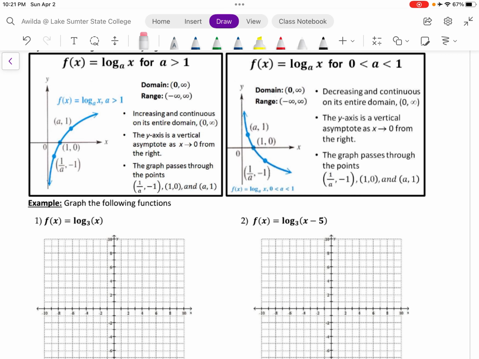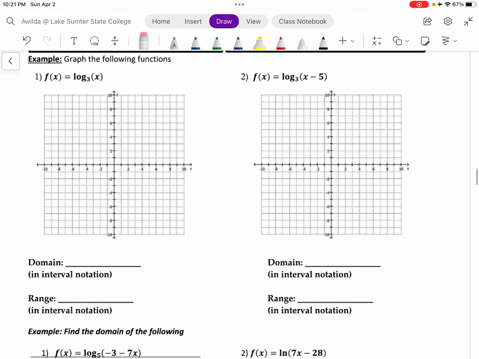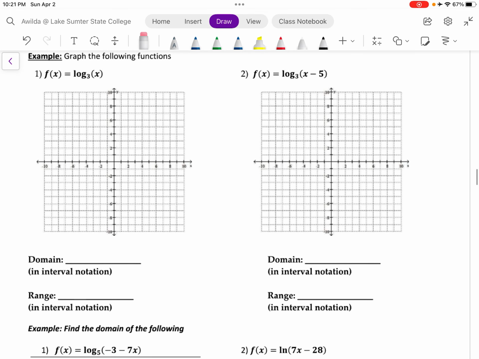All right, let's take a look at our first logarithmic function. So we have f of x is equal to logarithm base 3 of x. We already said that this is going to have a vertical asymptote at the y-axis. So I'm going to go ahead and add that as a dashed line for guidance.